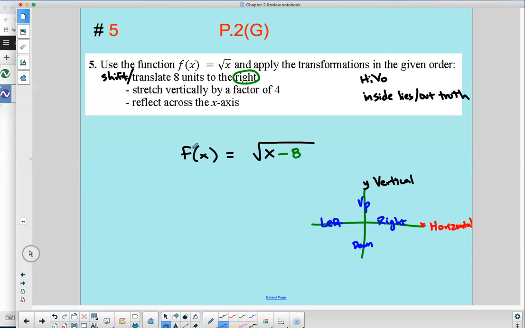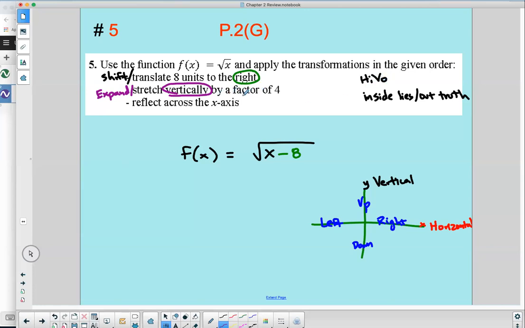Next transformation. Stretch, which is the same thing as expand. They could say expand. Vertically. All right, so I'll circle that. So vertical, is it inside or outside? Outside.